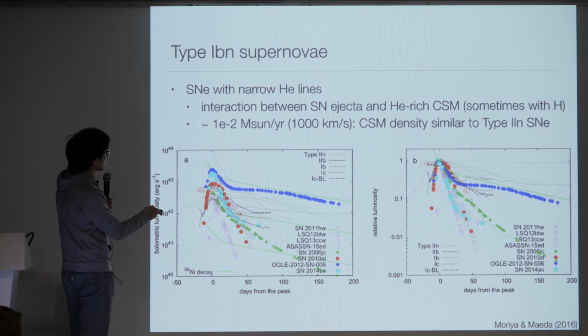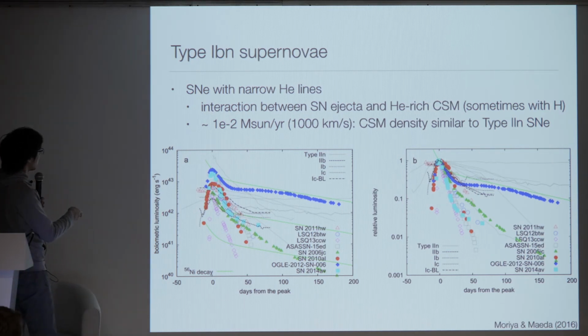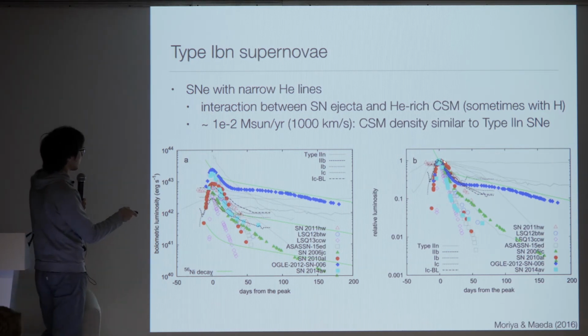But what we see in type 1bn supernovae is that it rises quickly and decays extremely rapidly. If they were powered by nickel decay, then this light curve should eventually follow the cobalt decay line. But most of them don't, and it just decays.